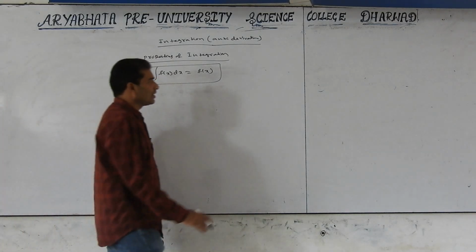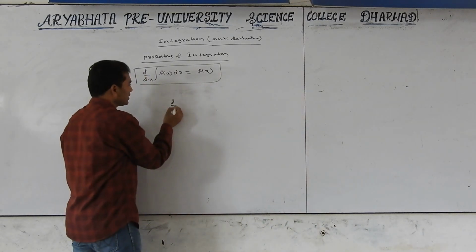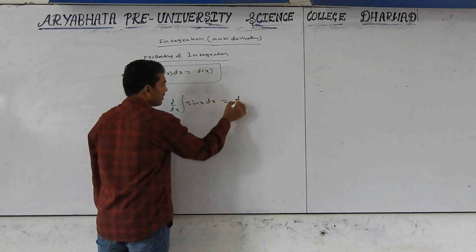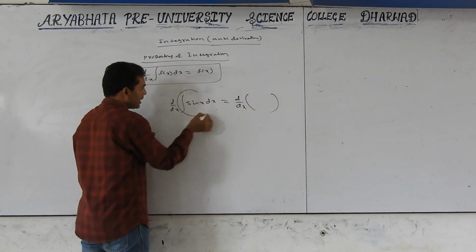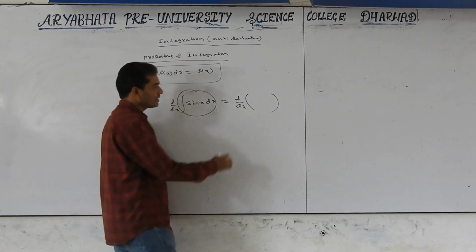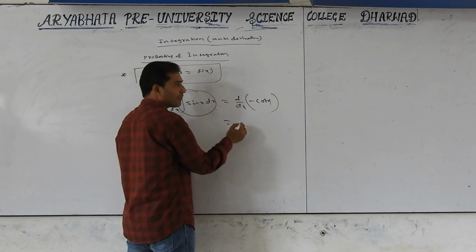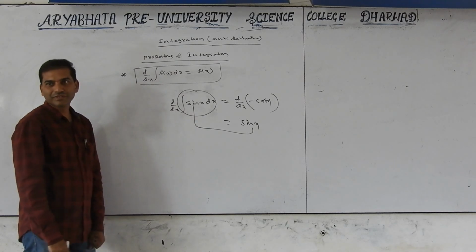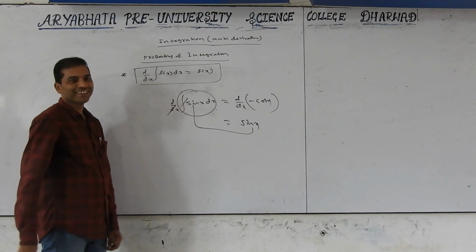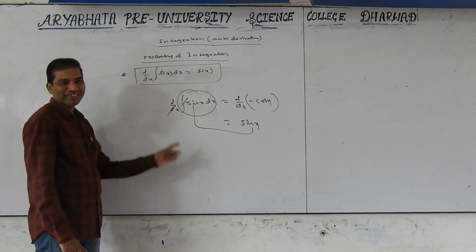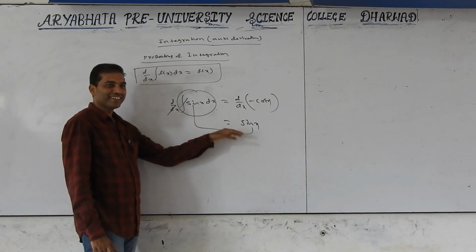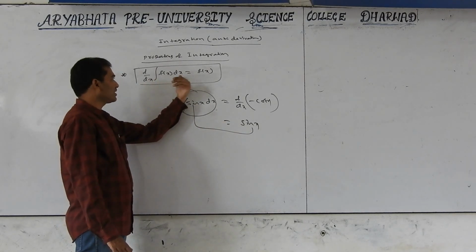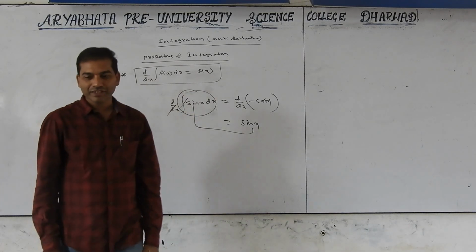For example, d by dx of integration of sin x dx equal to d by dx of minus cos x. So the derivative of minus cos x gives sin x, the same function. But don't do it by cancellation; cancellation does not work like this. Okay? The property is d by dx of integration of f of x dx equal to f of x. Okay? Next.